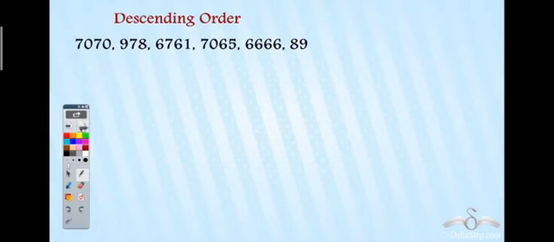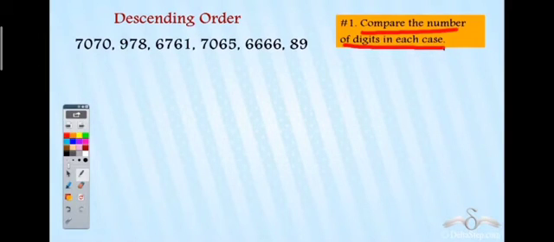Students, now let's take another example to understand it. Here are some numbers written and we have to arrange them in decreasing order. That means from biggest to smallest. So, as we have discussed some rules in our yesterday's class, we will follow the same rules again. So, what was the first rule? Yes, the first rule was to compare the number of digits in each case.